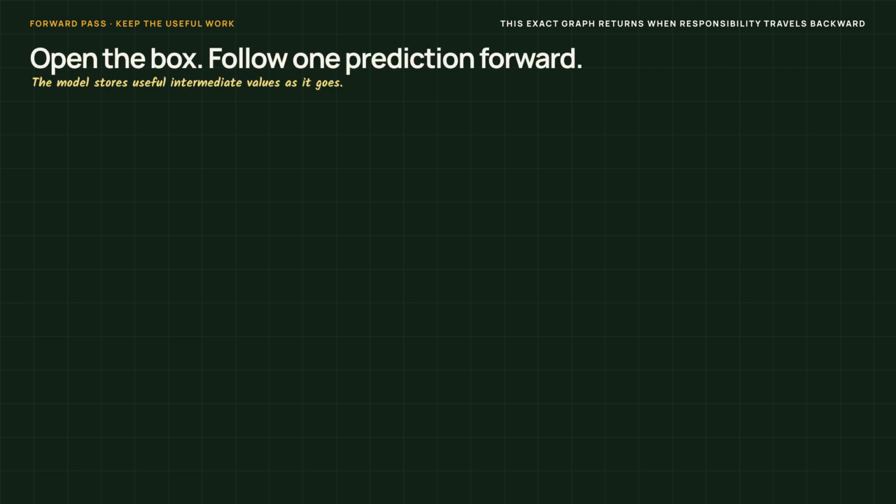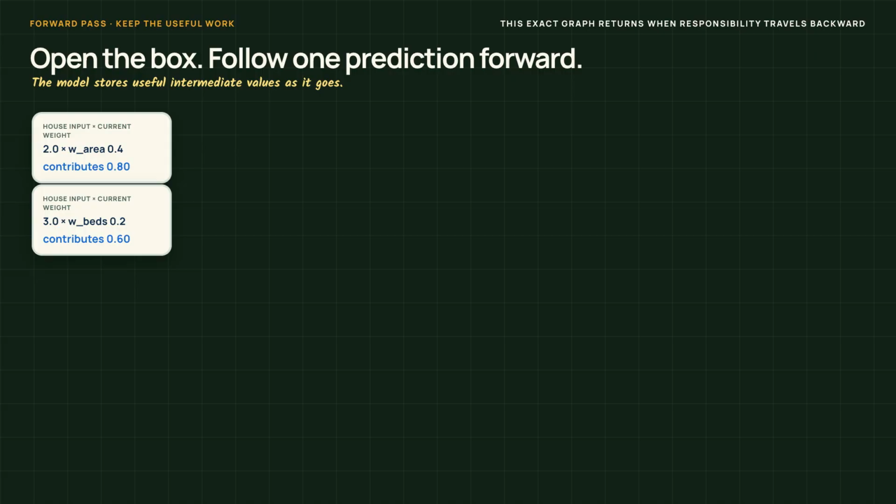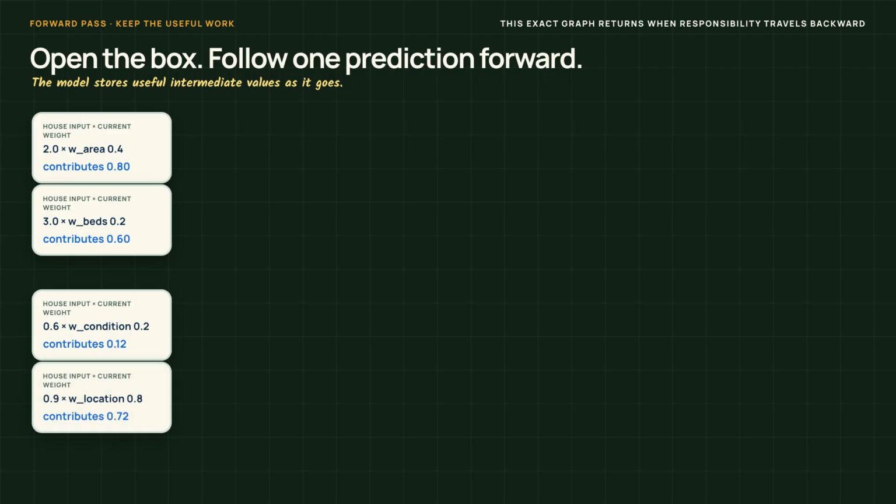To answer that, we have to stop treating the prediction as one sealed box. The model stores convenient normalized versions of the house facts. 2,000 square feet becomes 2.0. Bedrooms stays 3.0. Condition is 0.6. And location is 0.9. Now follow the prediction forward.